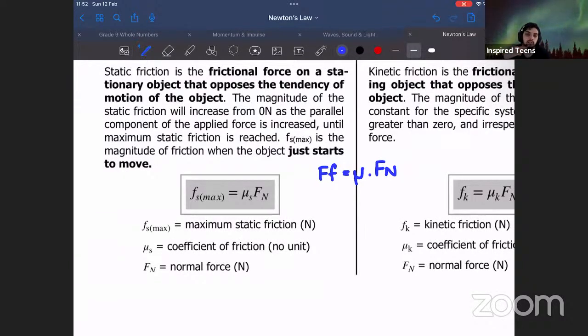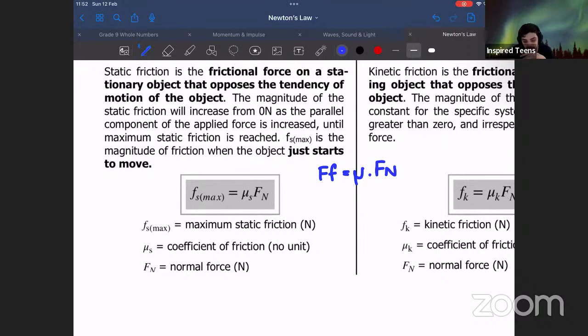Now, when the object is stationary, just say it's about to move. Keep in mind that there's a certain amount of friction that exists between the surface and the object. So it's not going to move smoothly. If it was a frictionless surface, you'd just touch that object and it would move super easily.